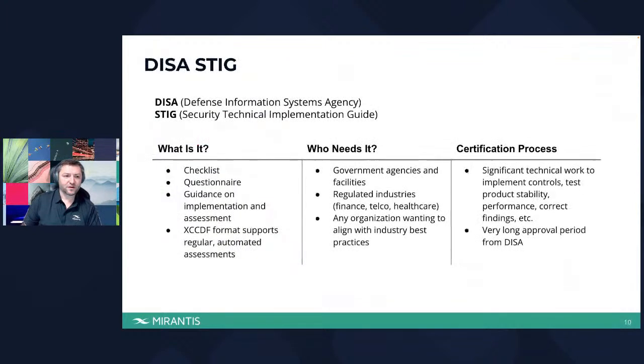And the other, let's say, certification or regulation system is DISA STIG, for Security Technical Implementation Guide. It's most like a questionnaire and a checklist on security in order to validate that customers are doing the right thing to secure the environment.